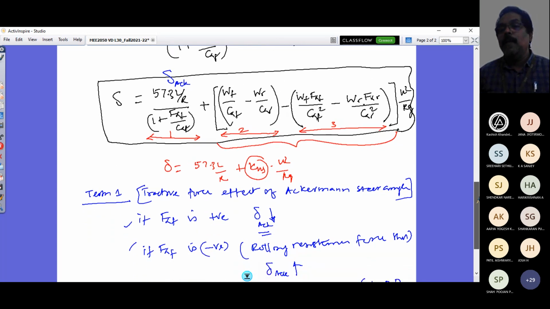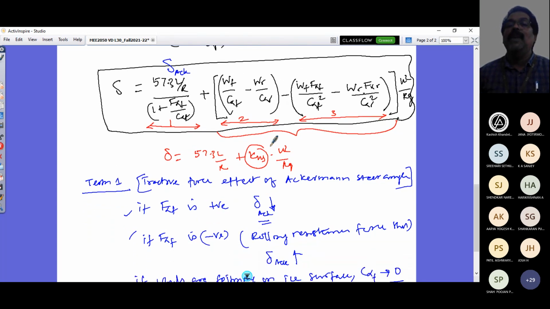And let us look at it now. If I have a front wheel drive vehicle, this term will not be there because this is confined to FXR, which is 0. If I have a rear wheel drive vehicle, then the other term won't be there, right? So if it is a rear wheel drive vehicle and this term is not there, this minus and minus become plus.